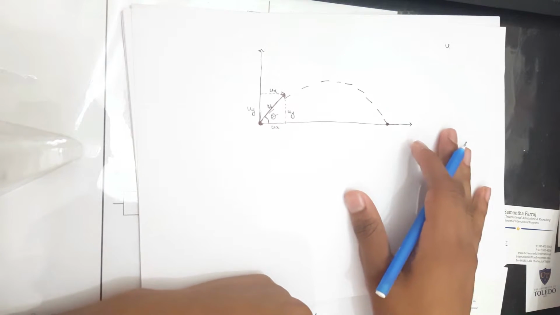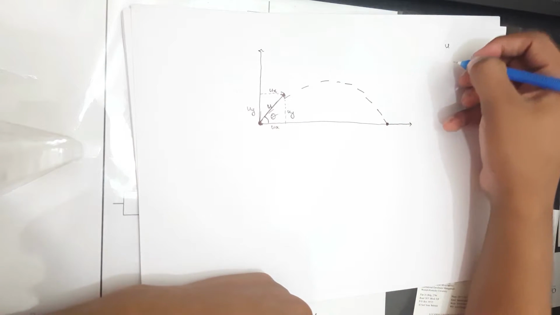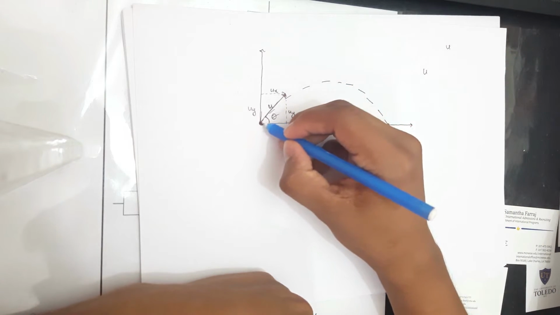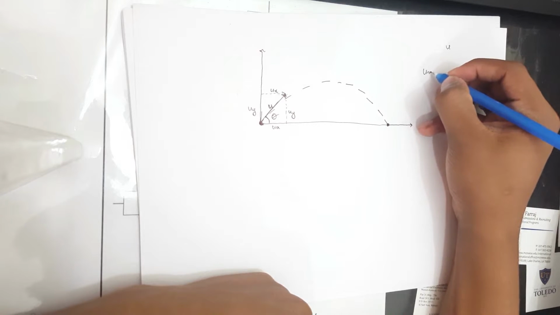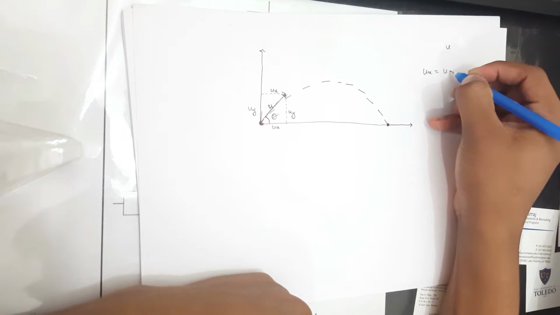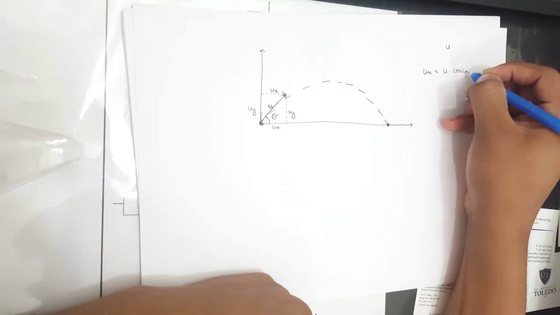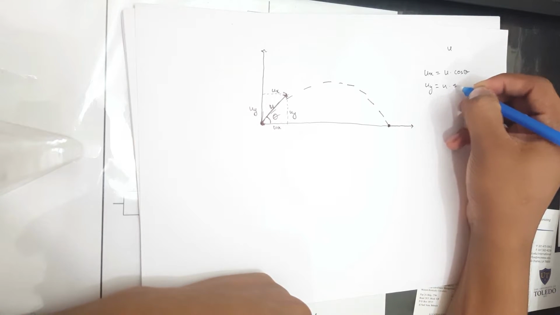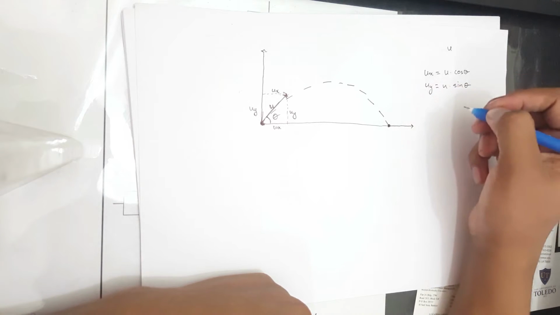To get ux, we have ux equals u cosine theta, and uy equals u sine theta. How did cosine and sine theta happen? This is basically basic trigonometry.